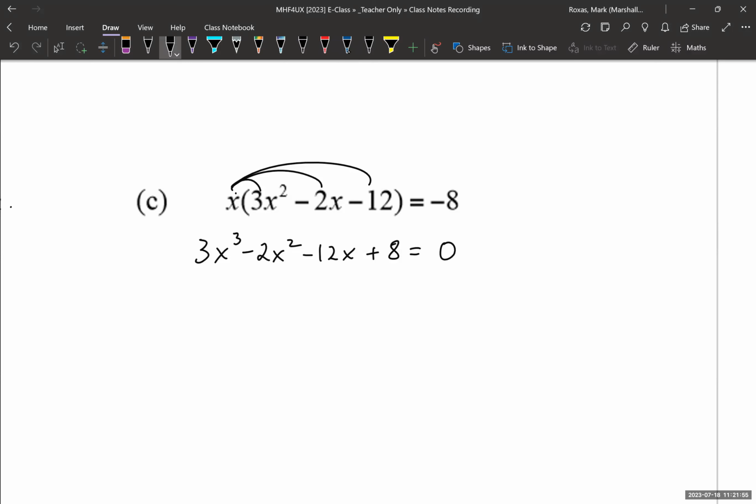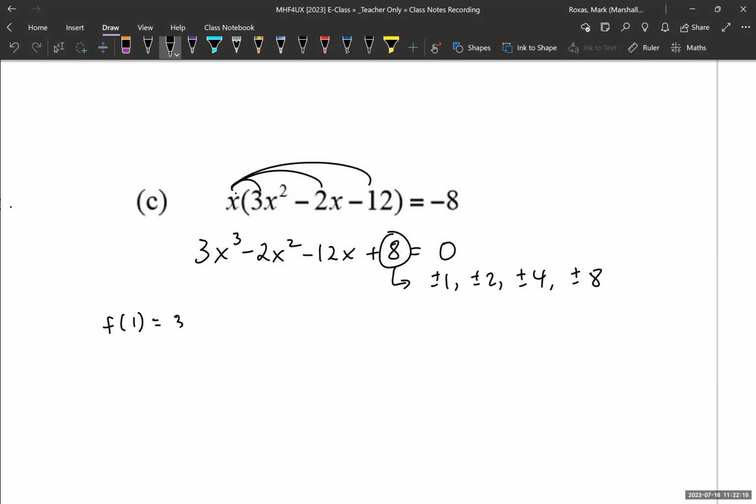So let's look at some possible factors, right? So possible factors that satisfy the factor theorem will come from that last term, 8. So some possible factors are plus or minus 1, plus or minus 2, plus or minus 4, plus or minus 8. These are all factors of 8 that we can try. Okay, so if you work it out, let's try f of 1.